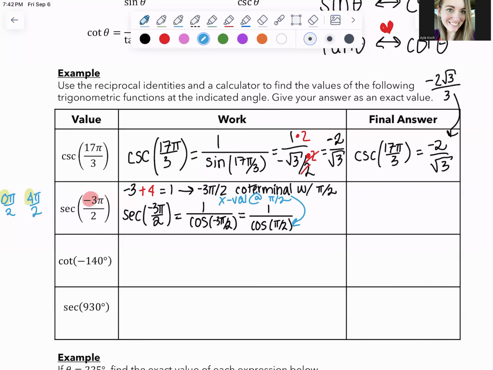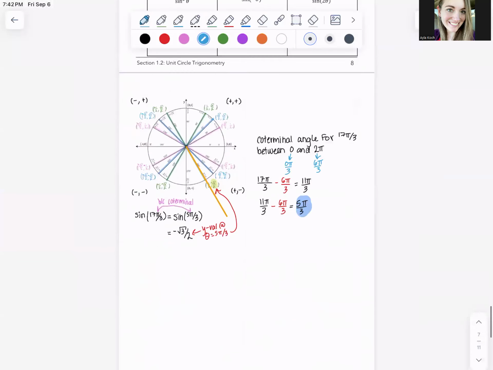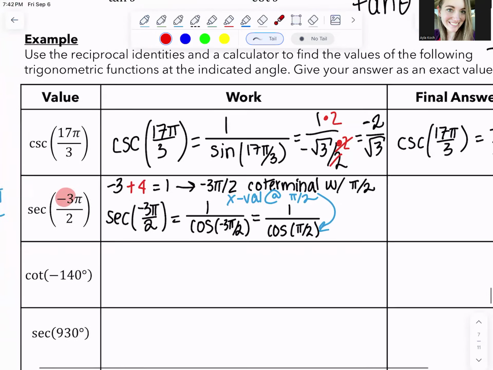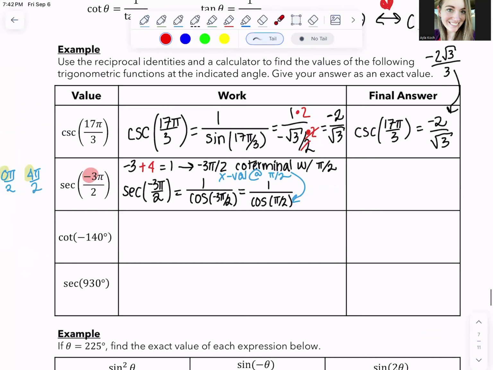All right, so let's go. Where did that one go? Here it is. Of pi over 2. We wanted the x value, so 0. This is 1 over 0. Oh, we can't divide by 0. That happens.